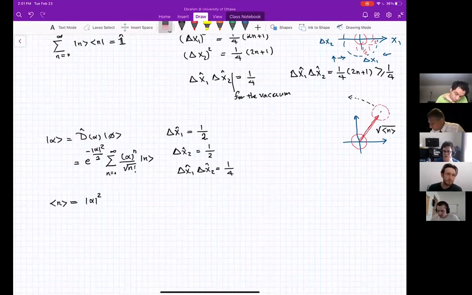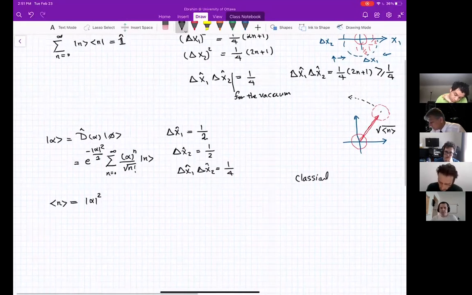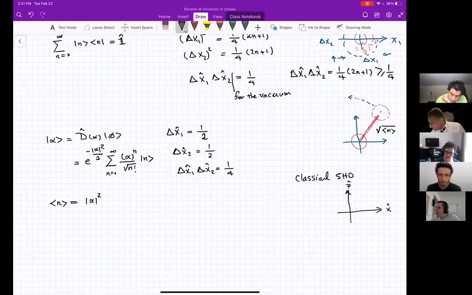For a classical simple harmonic oscillator, if you have X and P, which look like X1 and X2, the trajectory in phase space will be on a rotating circle. This circle is given by the Hamiltonian, as you will find if you look at it. And with time, you can find it at any given point here.